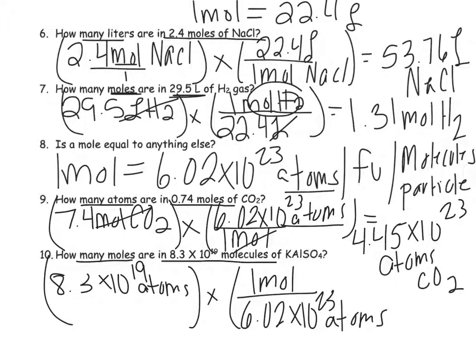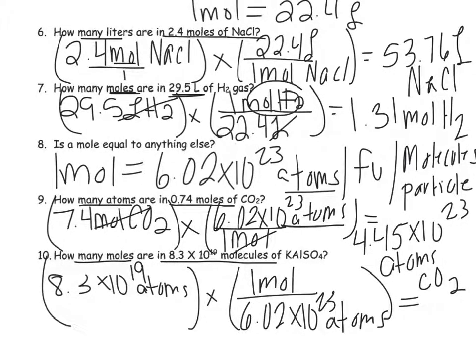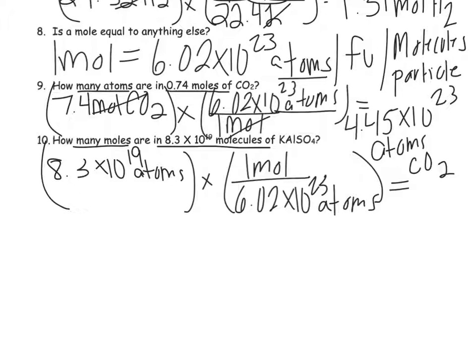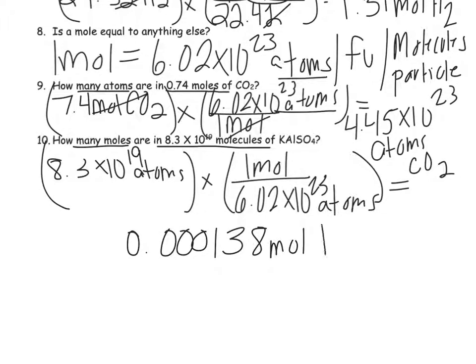But that's in anything, right? All right, so now you're going to have to divide in scientific notation, and that's going to give us 0.000138 moles of this potassium aluminum sulfate.